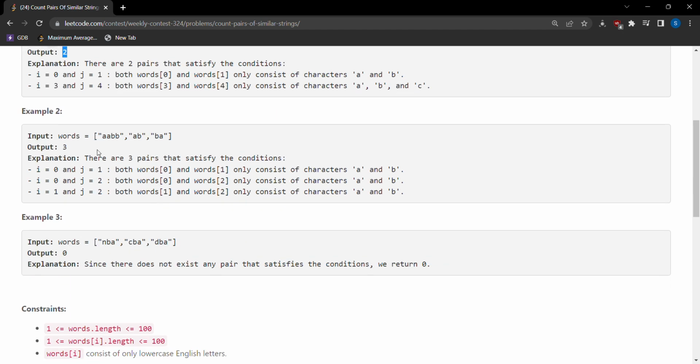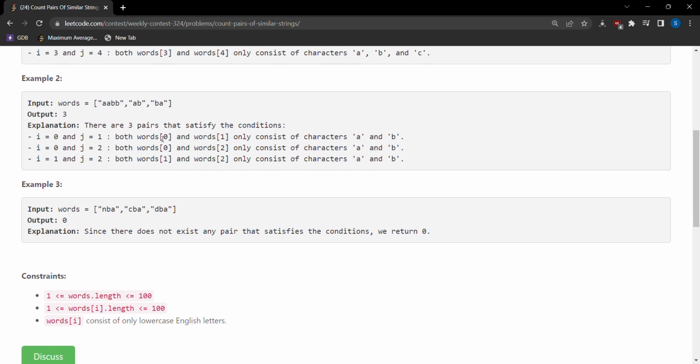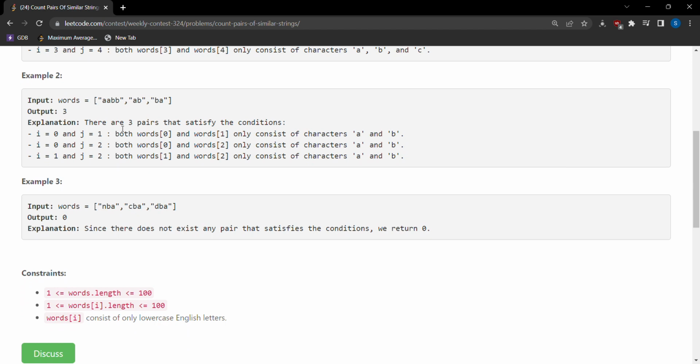Now let's jump on to this example. Here we can see A, B, BA, BBA. Now it is clearly visible that all the three words have only two characters, that are A and B. So these three are similar. One thing that we have to keep in mind is that we don't have to give the number of words that are similar. We have to give the number of pairs that are similar.